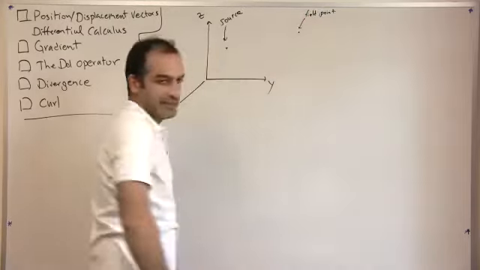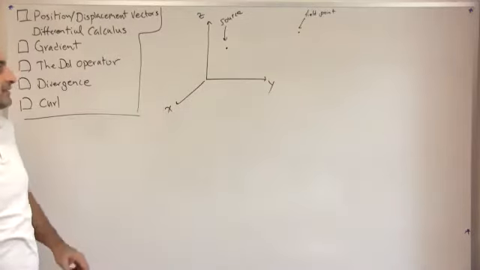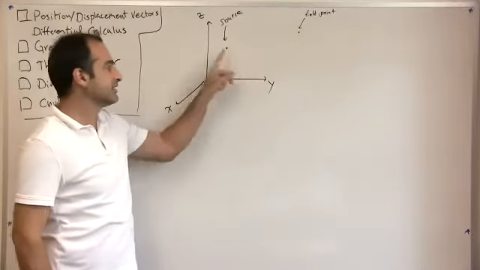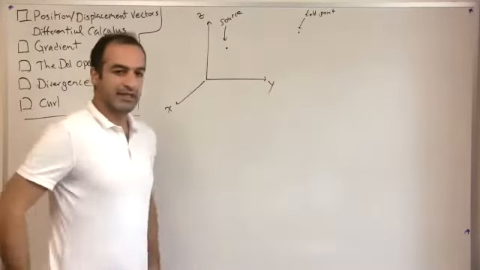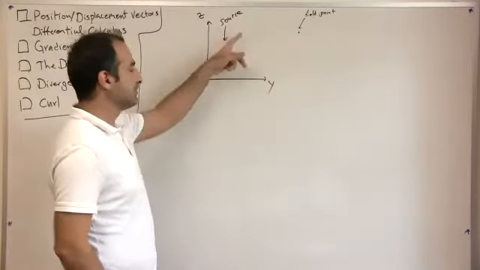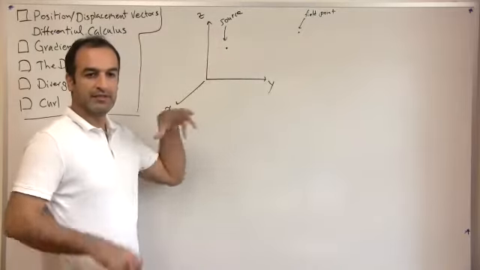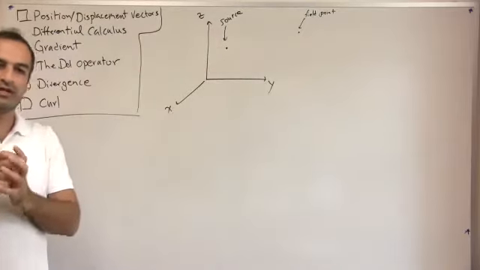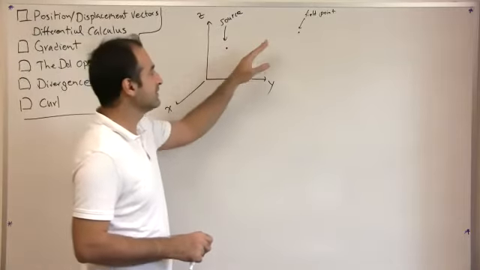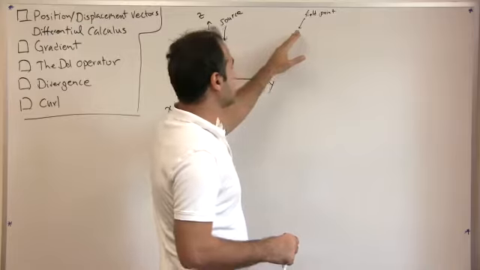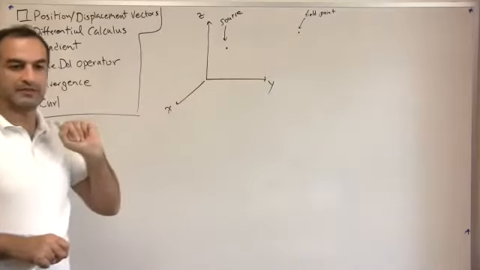And that is where I'm interested in calculating the field created by this source, okay? So what happens is that, what if we have multiple sources, okay? We need to use a vector to explain the position of the source, and we need to use a vector to explain the position of the field point, okay?